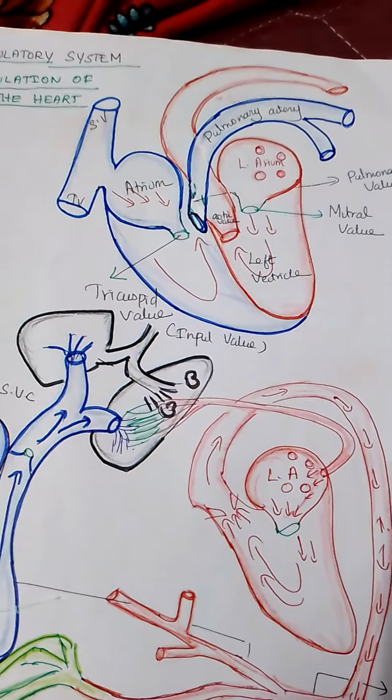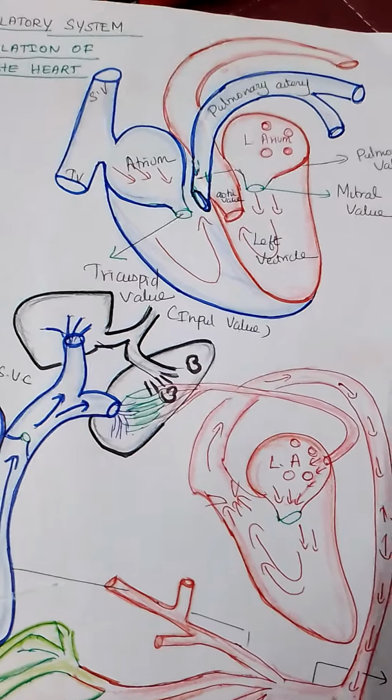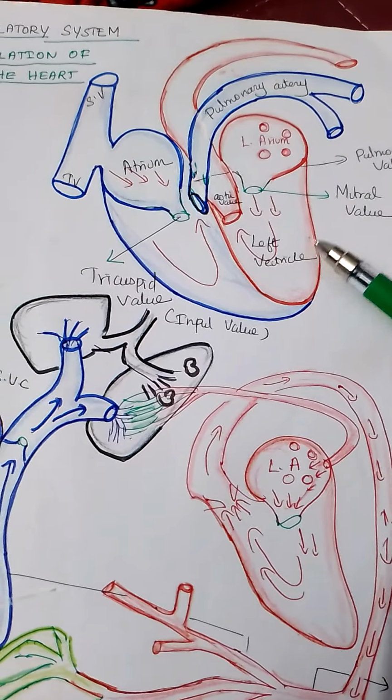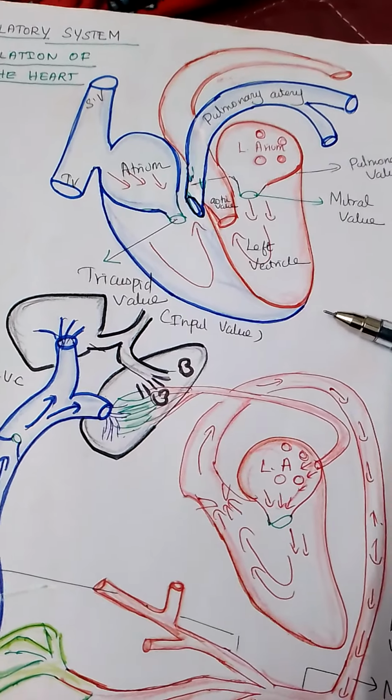So our circulatory system is a double closed complete circulatory system. Only this you need to remember, and you can write it in your own words. Really, you will get the complete mark for this question.